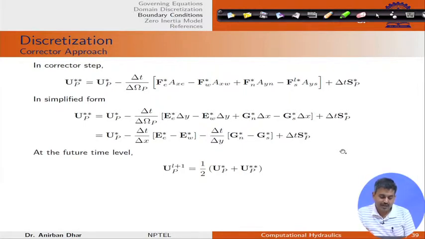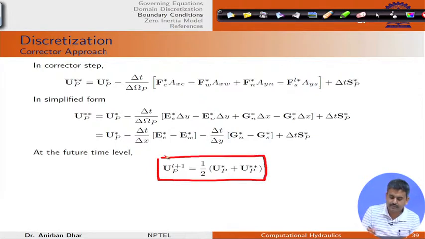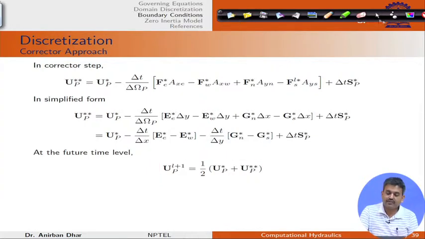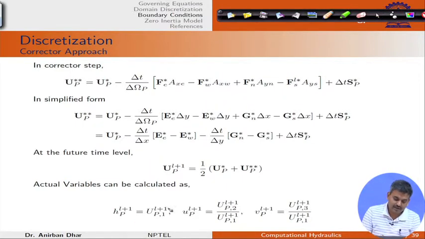At future time level or L plus 1 in our case, which is the T plus delta T level, we can simply add these values and take average of that. Actual variables now can be calculated after this step. So, what is that actual variable? Actual variable is for pth cell u p 1 is the actual variable, but u p 2 is not the actual variable.